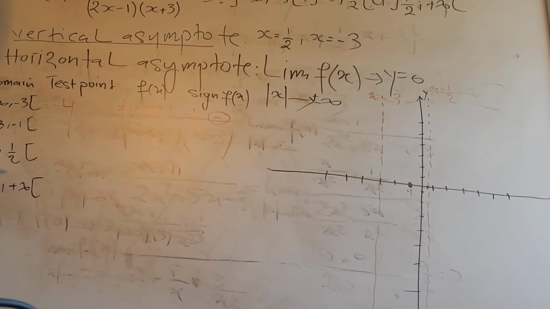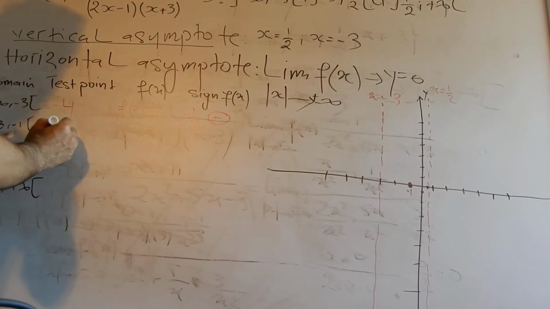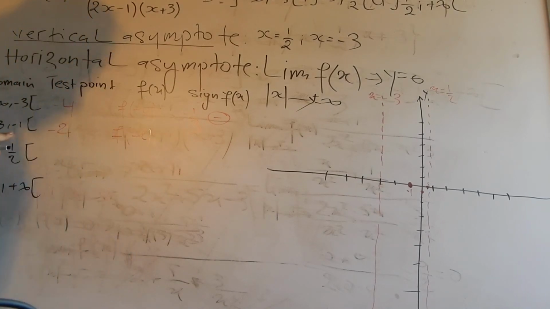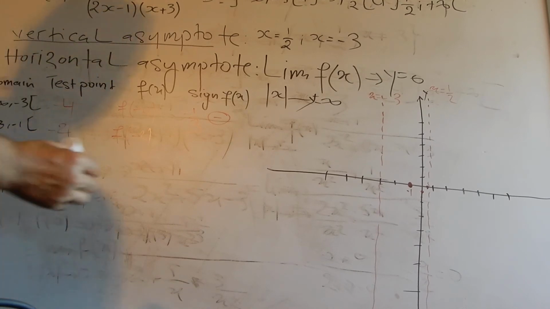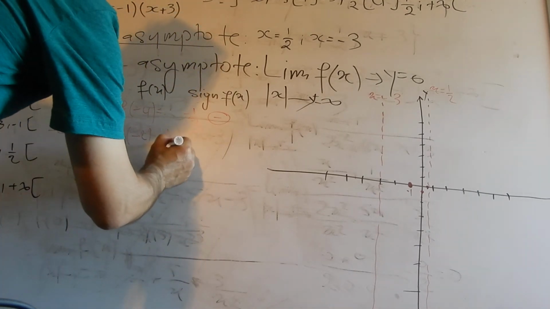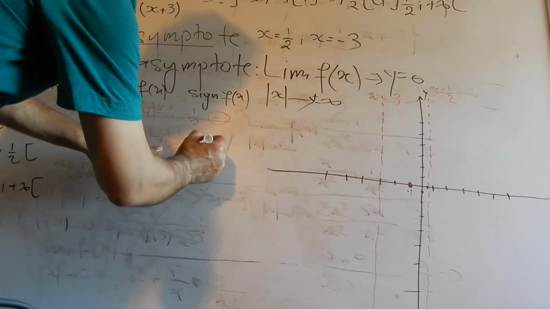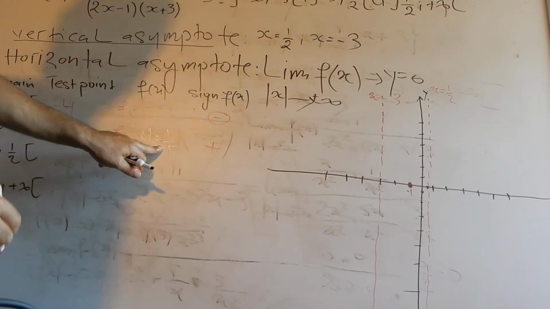Then the second point belongs to the interval minus 3 to minus 1. For example, I'm going to pick minus 2. So f of minus 2 equals 1 over 5, which is positive, which means the sign is positive.